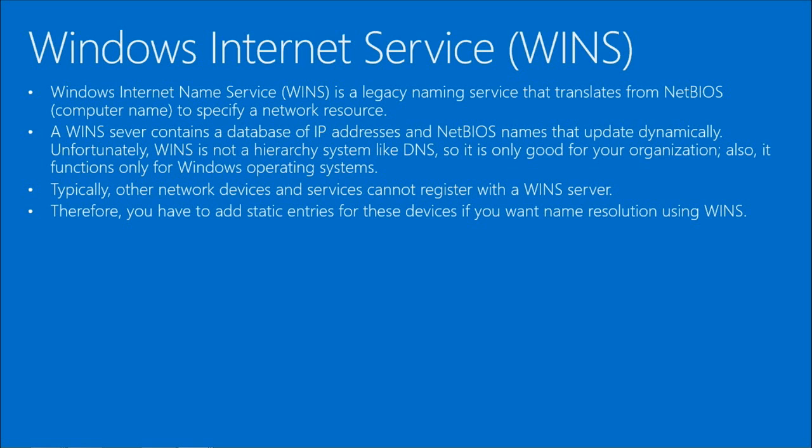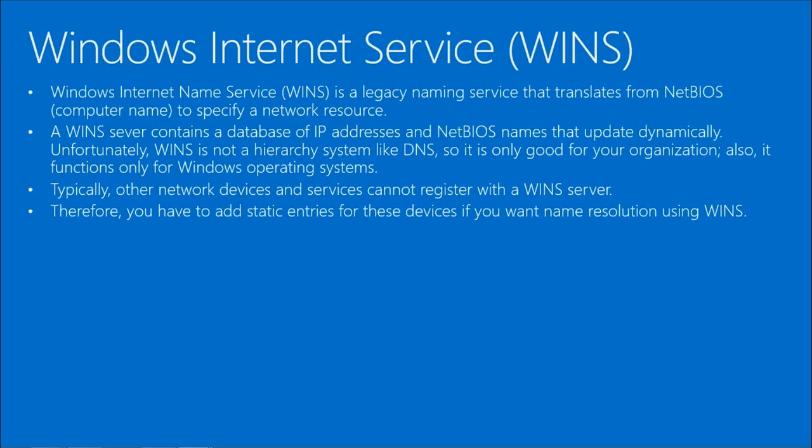NetBIOS is non-routable, so it won't route across networks. And WINS was a system that was used to enable this name to address translation. So it's a legacy naming service. It contains a database just similar to DNS. It translates an IP address to a NetBIOS name.